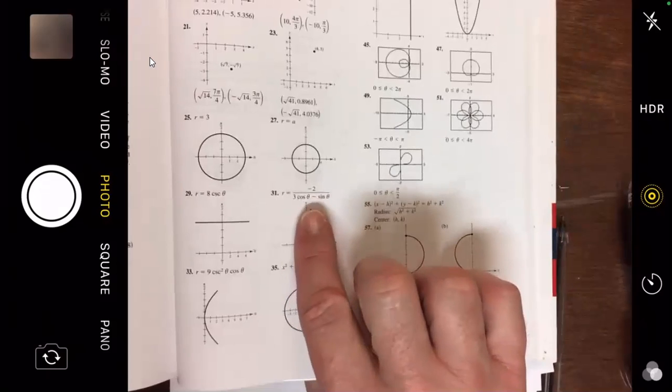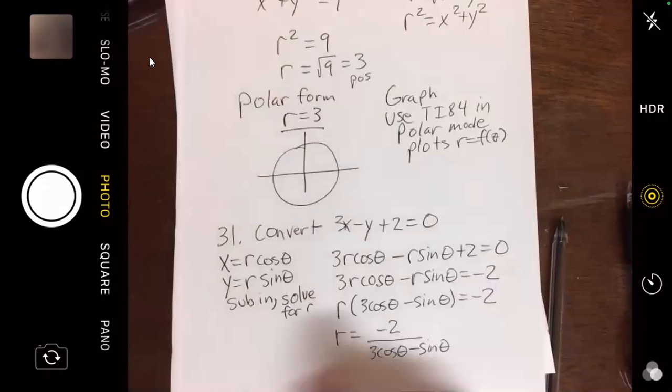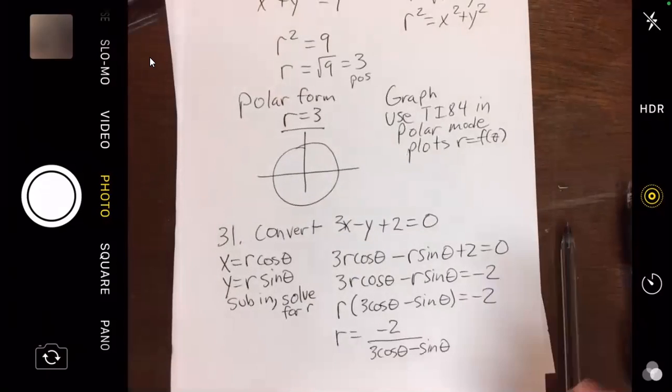Negative 2/3 cosine minus sine. Okay, then they wanted a graph.